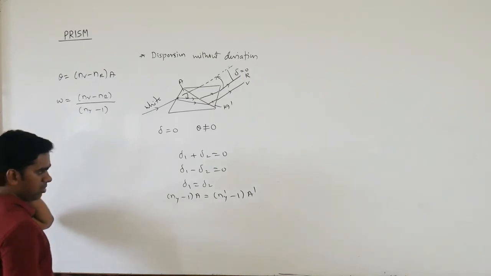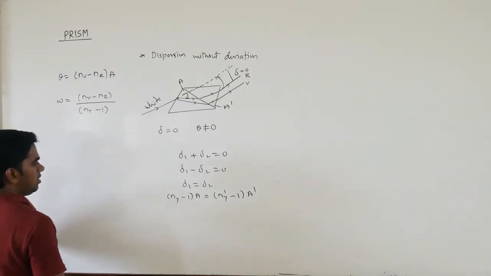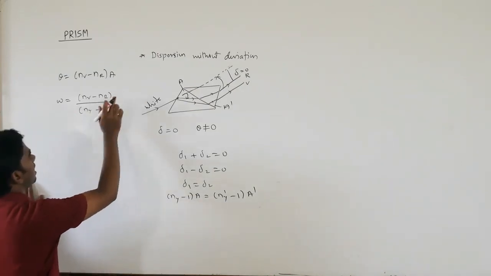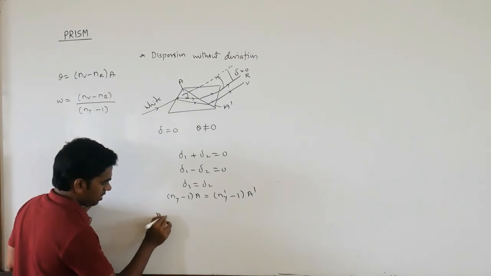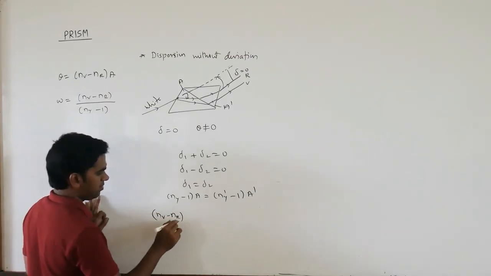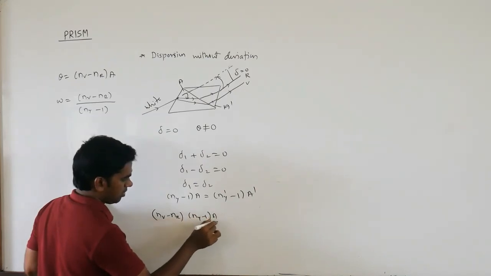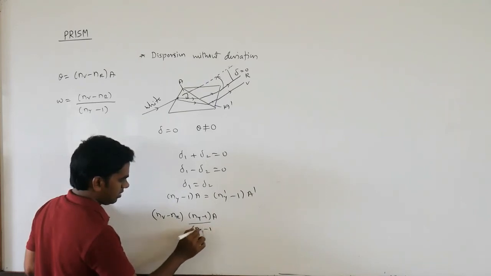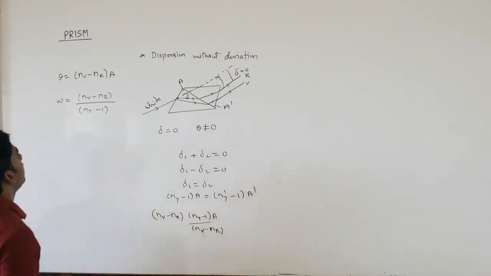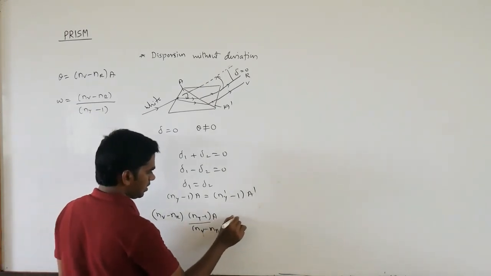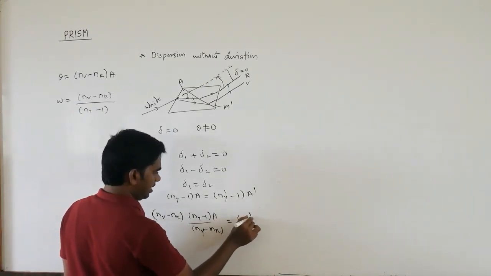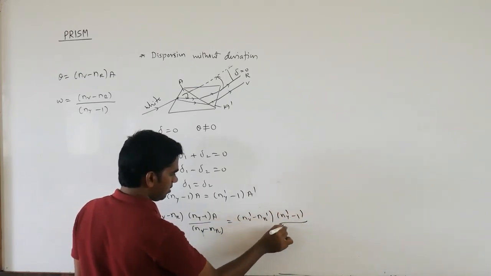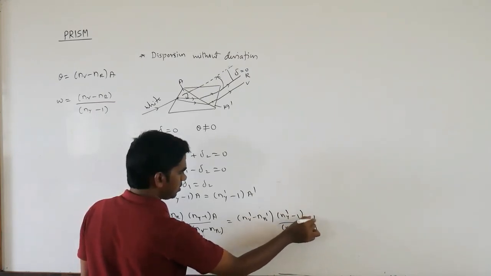Suppose we go a little beyond this: multiply and divide by the dispersive power, that is NV minus NR. NY minus 1 is there, so I will divide by NV minus NR, and the same on the other side: NV dash minus NR dash. So NY dash minus 1 divided by NV dash minus NR dash, into A dash.